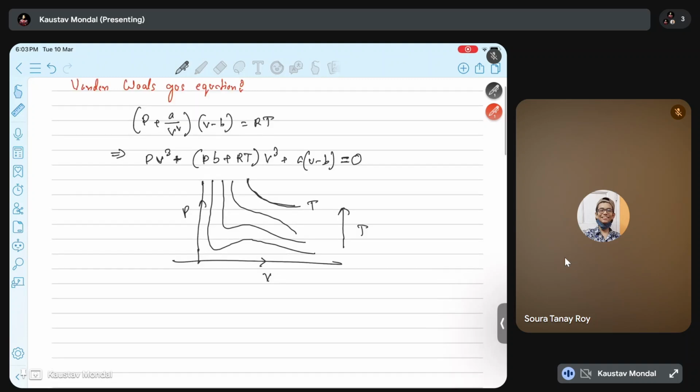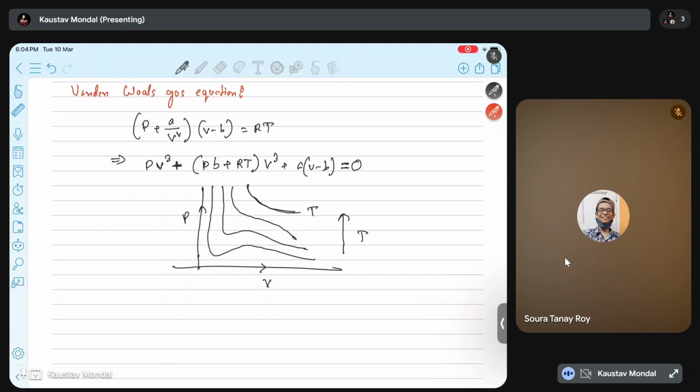Now since it's a cubic equation, there are three roots. Either all three roots are real, or there can be two imaginary and one real.